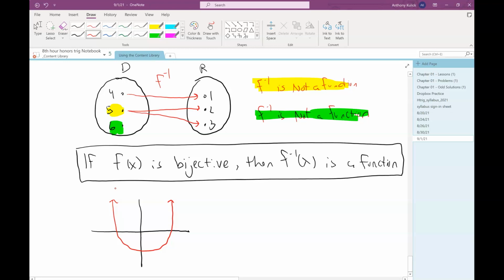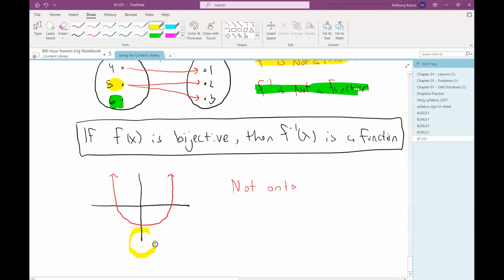Is this graph onto? It's not. Why not? Well, I have y coordinates that don't correspond to any point on my graph, right? A whole bunch of y's that are not used by any point.